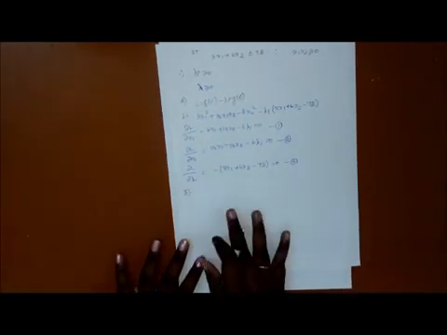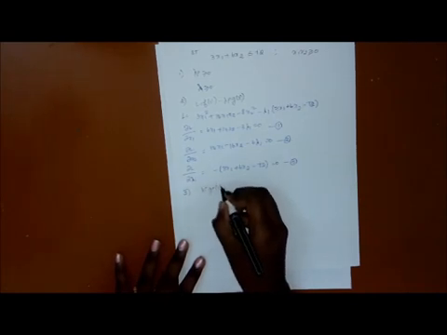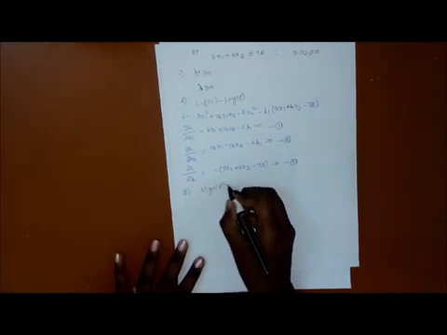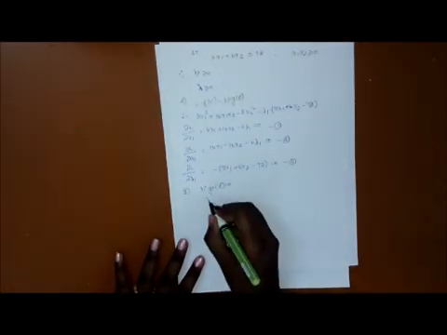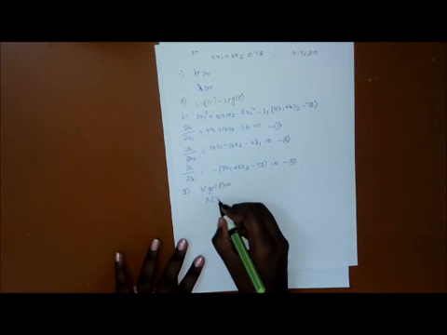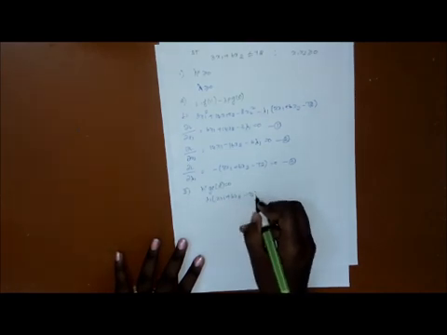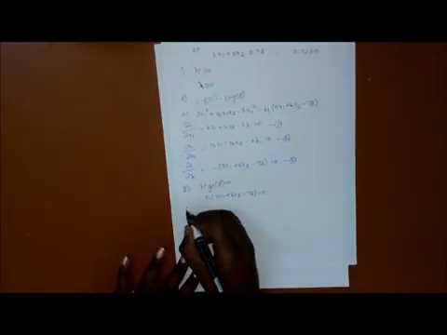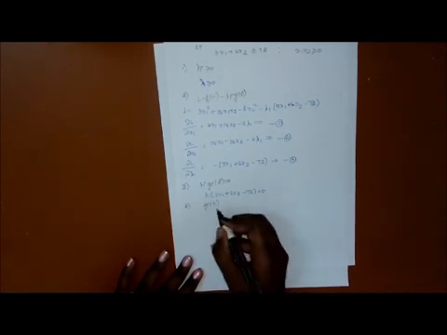The third condition is λi gi(x) = 0. Since we have only one constraint, λ1(3x1 + 6x2 − 72) = 0. And the fourth condition is gi(x) ≤ 0.